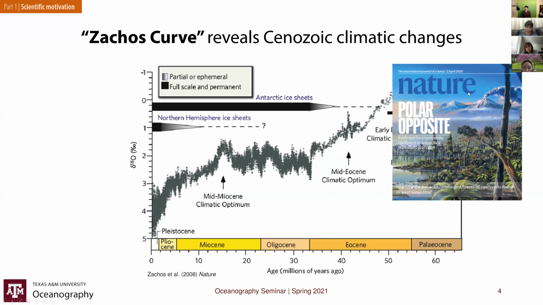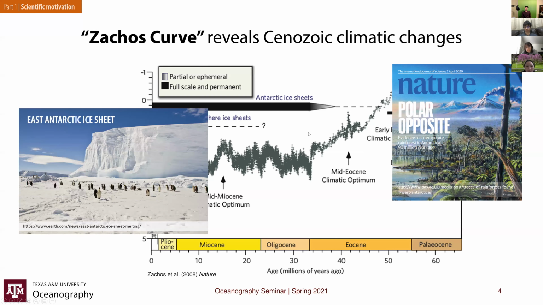So we have a greenhouse climate when we don't really have ice sheets formed or developed in our polar regions, in Antarctica or Greenland. And that is the time when we have temperate forests growing on the Antarctic continent. And then when we first have the ice formed, we have the climate state that we call icehouse climate.